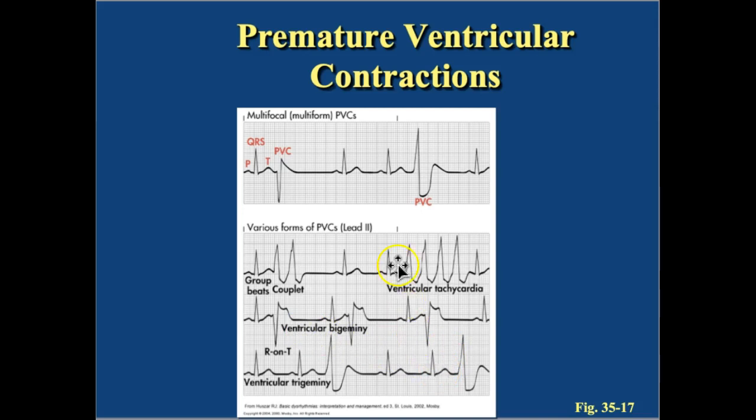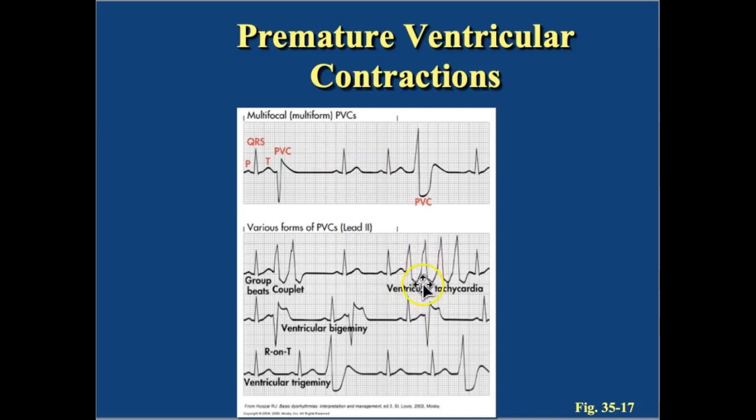One thing I want you to know about a PVC is that they are wide complex. Now remember those atrial tachycardias and those atrial strange rhythms, paroxysmal tachycardia, all of those were called narrow complex tachycardias, narrow complex rhythms. And that's because their QRS complexes were narrow, just like a normal one.